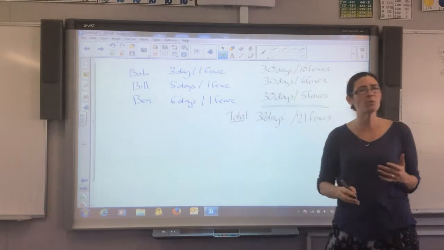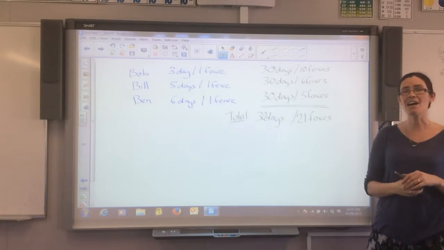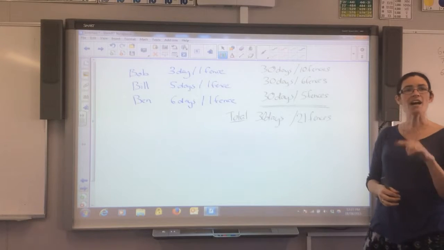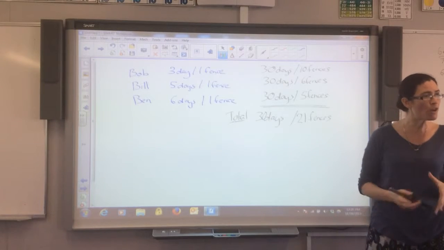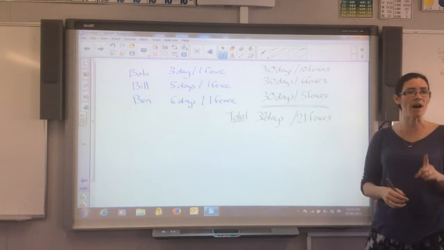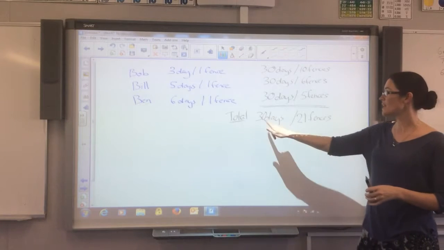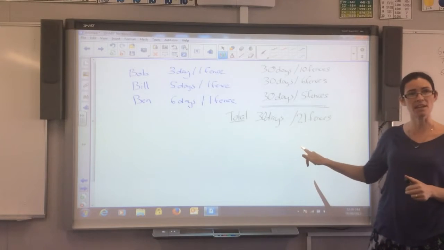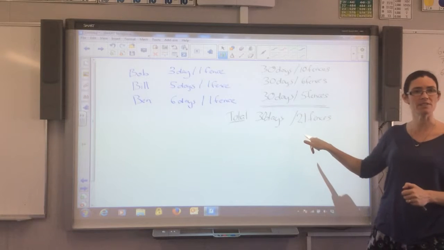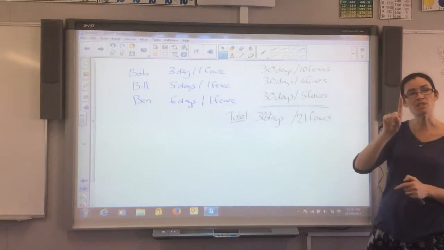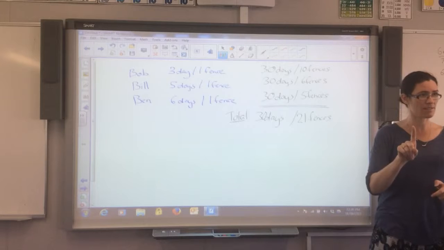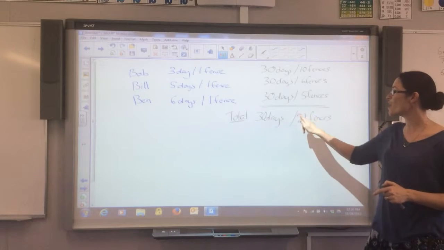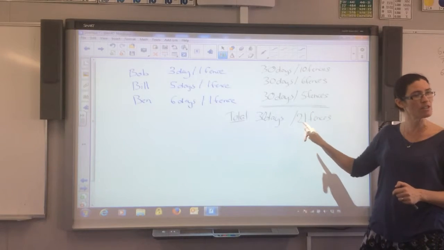Okay, now what did the question ask me? It asked, how long would it take for them all working together to build just one fence? So I know it takes 30 days for them as a team to build 21 fences, and I only want to get to one fence. So I need to divide by 21, so this is one fence.